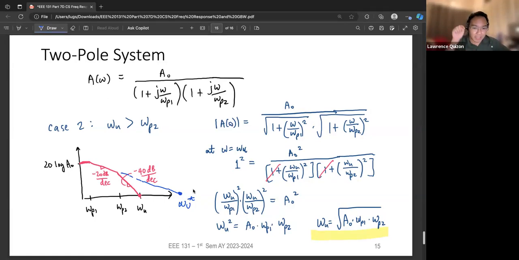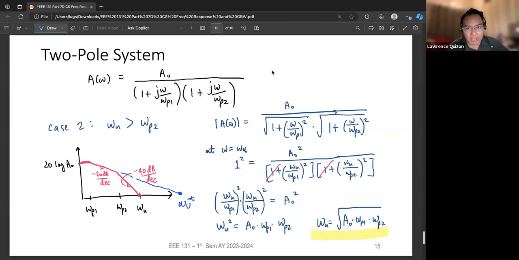Kasi bumaba na, like nagkaroon ng mas steep na decline yung magnitude response mo, which means that the unity gain frequency actually occurs much earlier than the gain bandwidth product shows you it does, no? So ano mangyayari in this case? Magbabago yung formula natin ng gain bandwidth product.